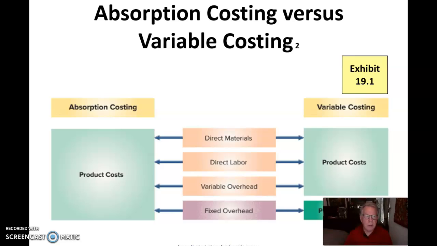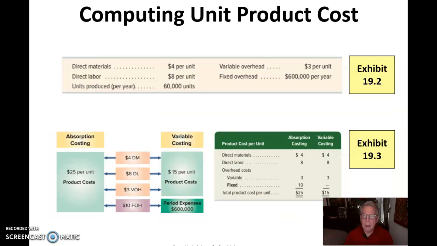Okay, let's take a look at that. Here, in this example, we have direct materials at $4 per unit, direct labor at $8 per unit. We're going to make 60,000 units, and our variable overhead is $3 per unit. Fixed overhead is $600,000 per year.